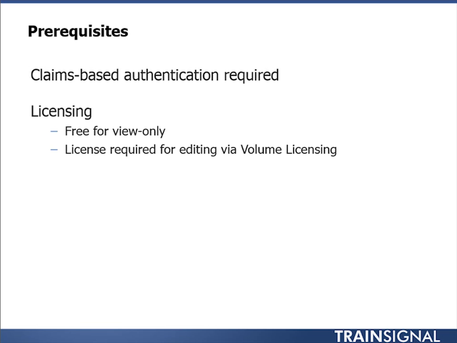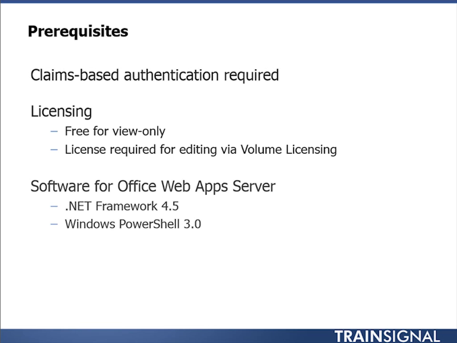But if I want to edit the documents, I do need Office licensing through volume licensing from Microsoft. And I also need a couple of bits of software installed on the Office Web App Server, including the .NET Framework 4.5, Windows PowerShell, and the Web Server component, or IIS.